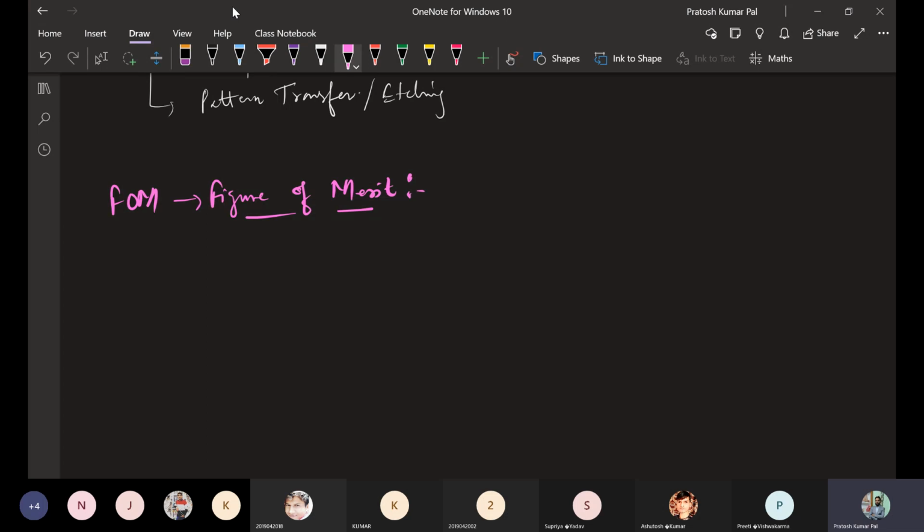Whatever lithography processing we are doing, whether it is good or bad, or on what parameters we will be measuring the quality of this lithography, that is defined by the figure of merit parameters. Here there are some figure of merit parameters, and we will see them one by one. The first one is resolution. What does this resolution indicate?